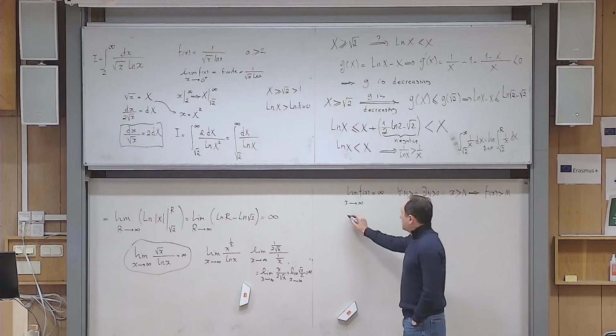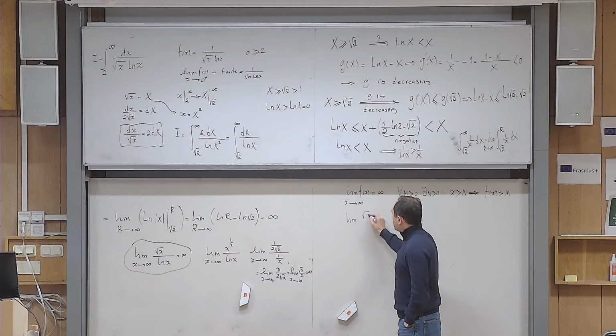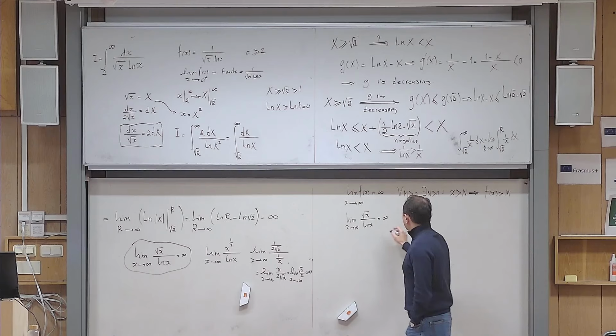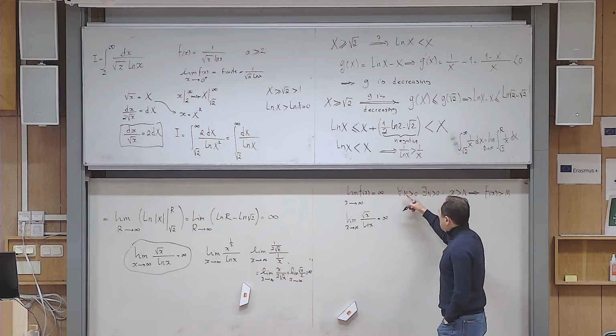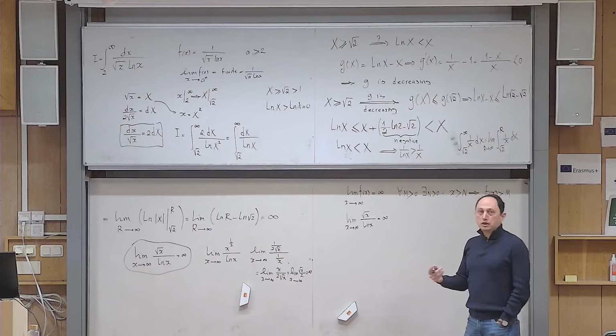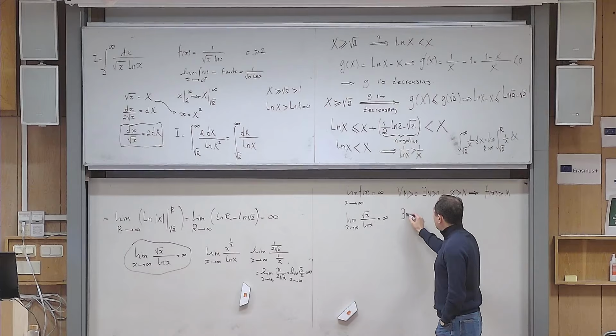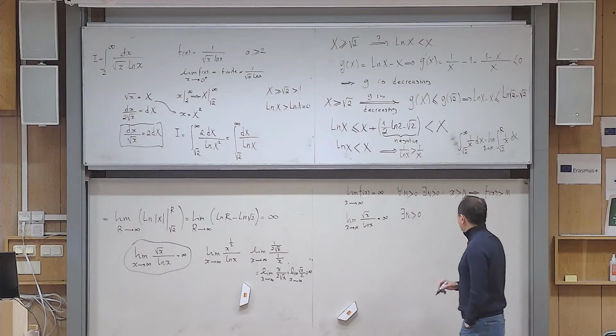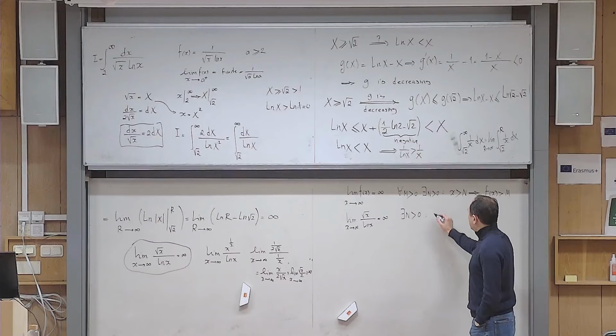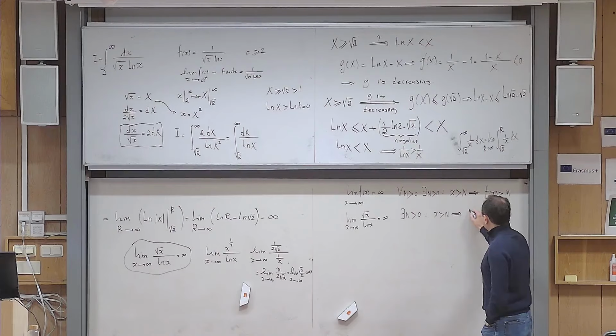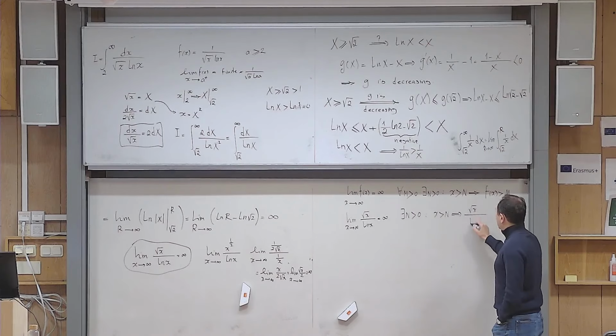So in this case, I know that the limit of square root of x over ln of x, as x goes to infinity, becomes infinity. So it means for every positive number, including, for example, the number 1, I can find an n greater than 0 such that if x is greater than n, then my function square root of x over ln of x becomes greater than 1.